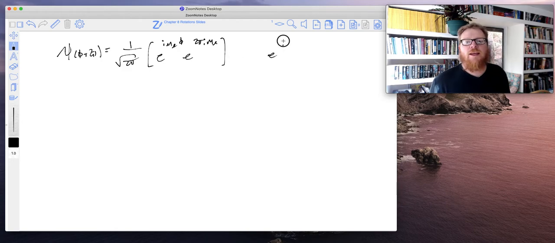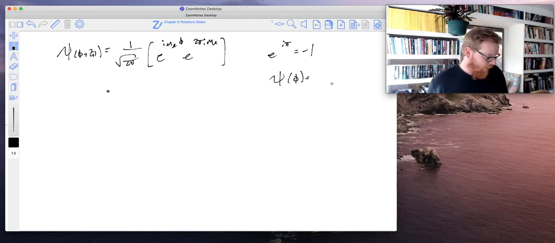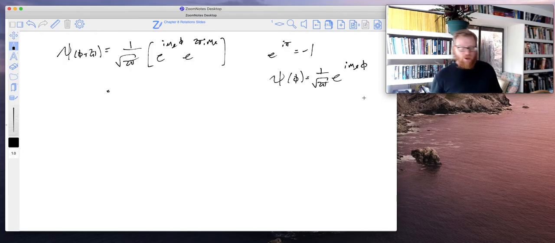And we know that e to the i pi equals -1, so now I can rewrite this as the following. I'm also going to note that psi of phi equals 1 over root 2 pi e to the i m_l phi. So when I rewrite this, check it out.